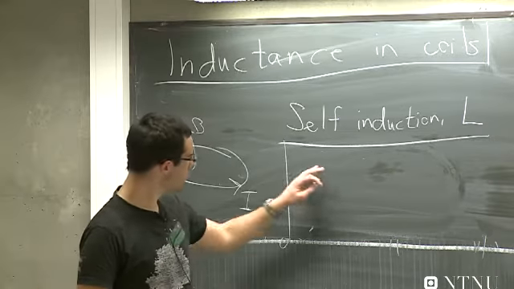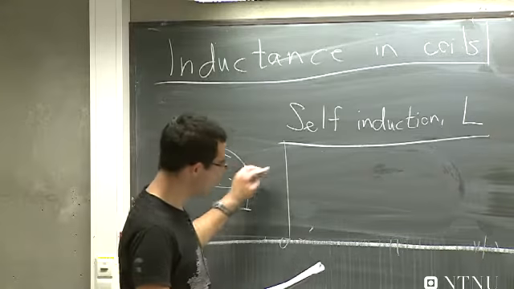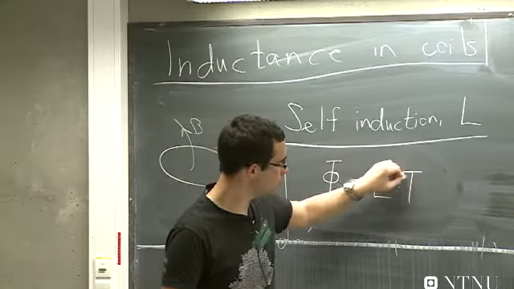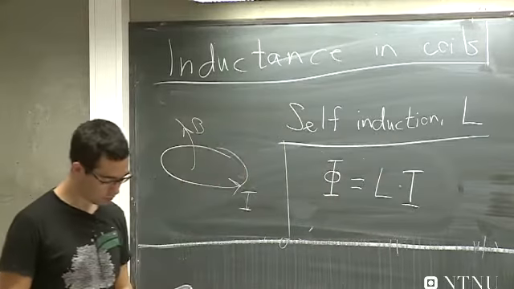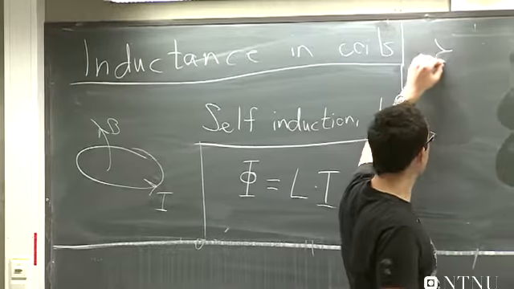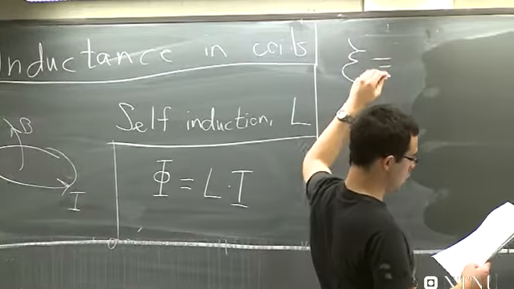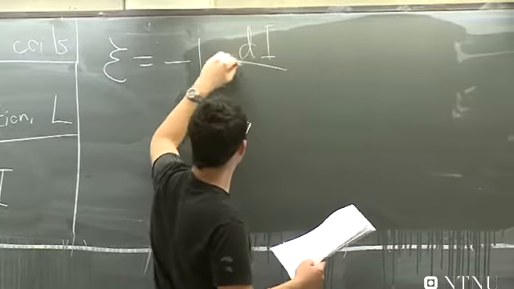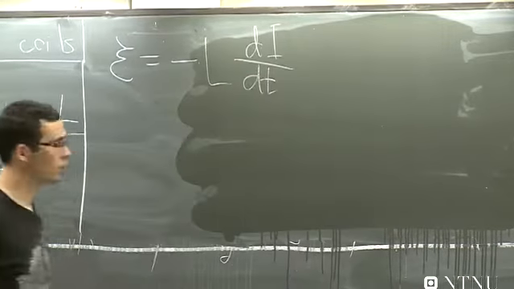Now, if you look at this then, we have that phi is equal to L times I. Okay? And if I take the time derivative, I get that epsilon is equal to minus L dI/dt. Okay?